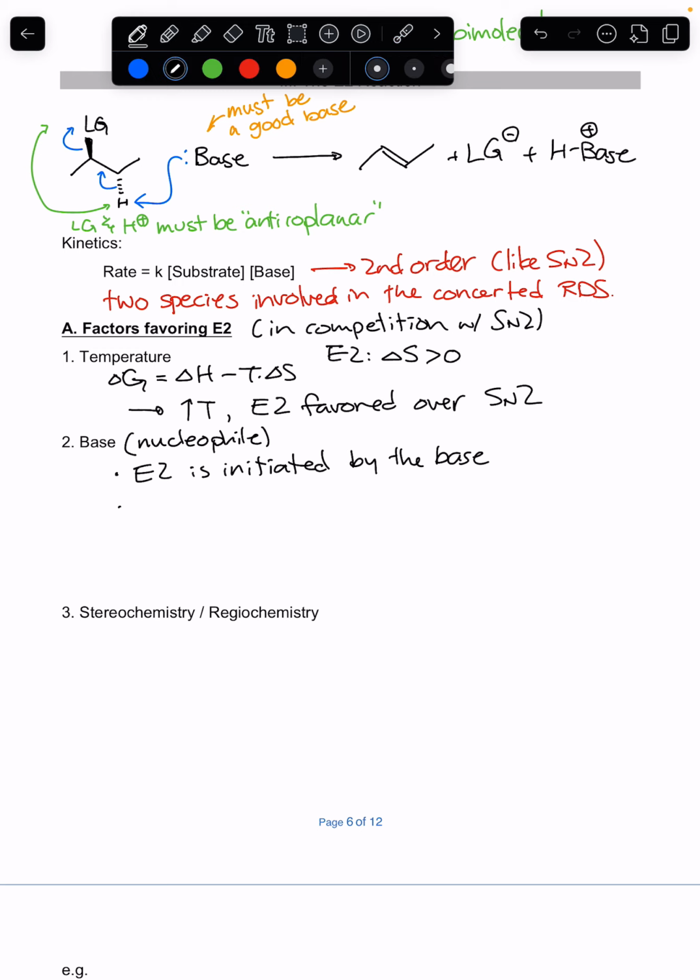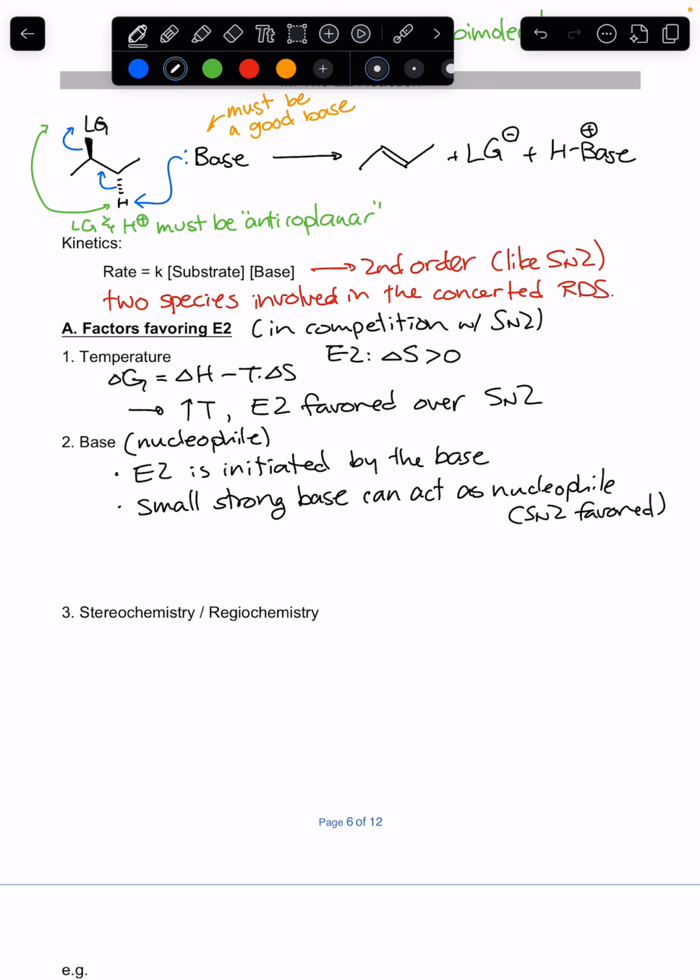So for that reason, small, strong bases can act as good nucleophiles, and then often SN2 is favored under that condition if you have a small strong base.